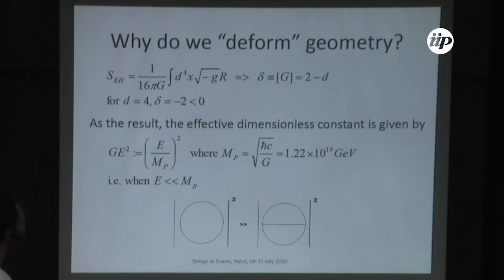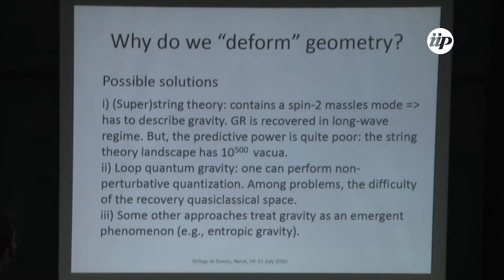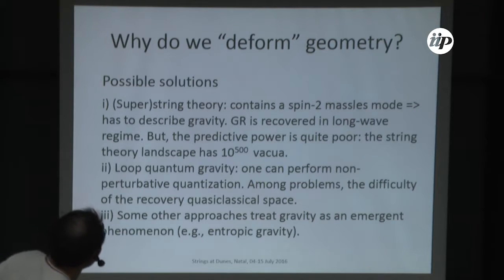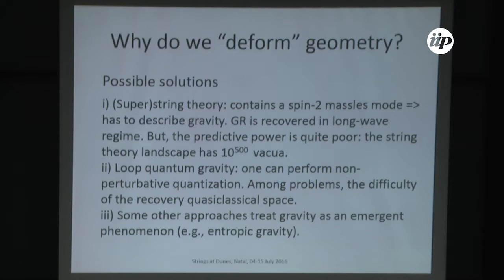You would like to look for some kind of UV completion, one way or another. String theory provides some UV completion in non-field-theoretic ways; it completes in strings, so gravity emerges as some effective thing. Then there is loop quantum gravity, pick your favorite.